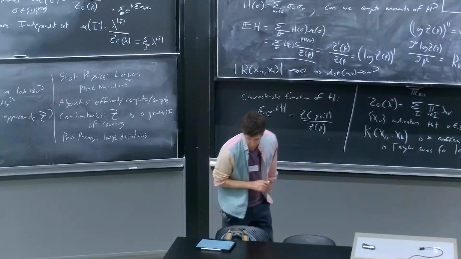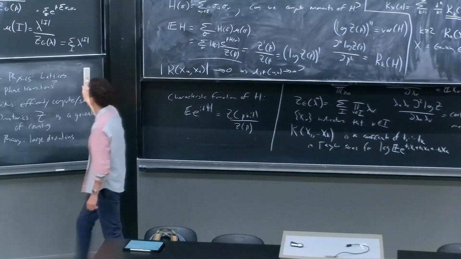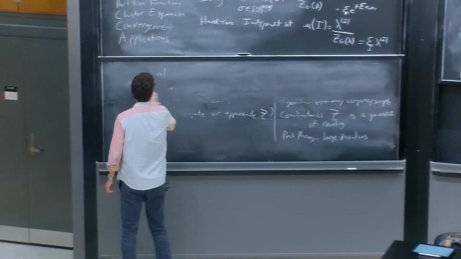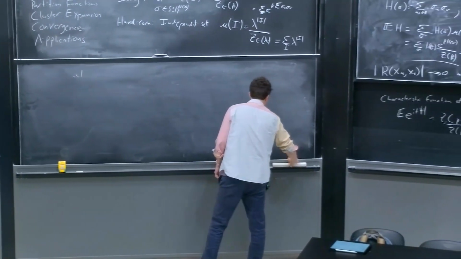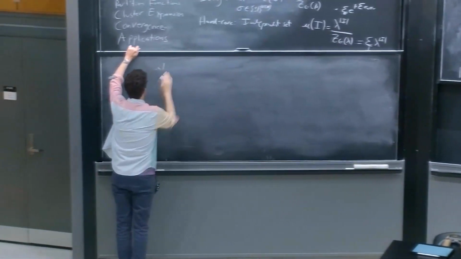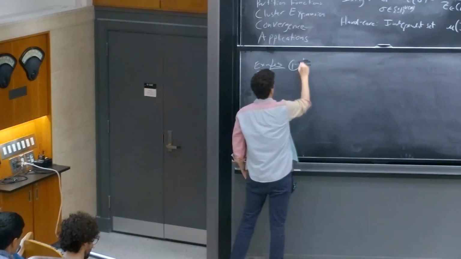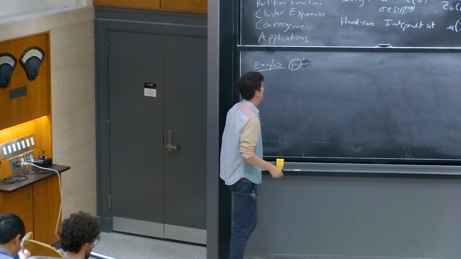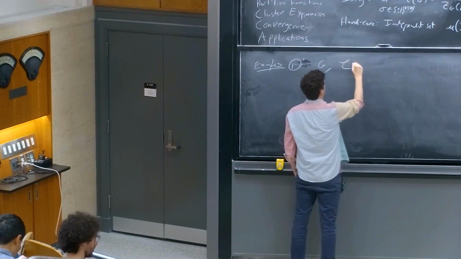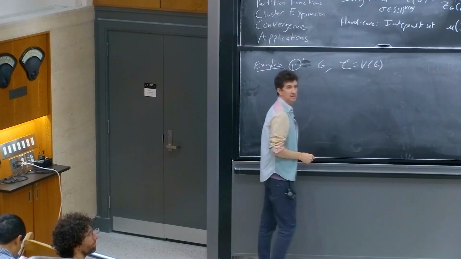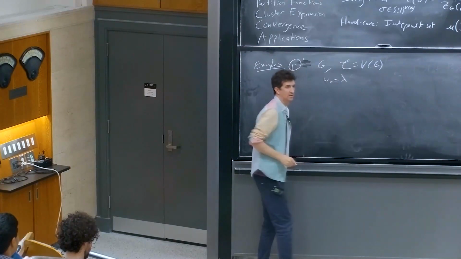Let me give you a couple examples of polymer models. Okay, so example number one, and this is somehow the template, is if you have some graph and your set of polymers is just your set of vertices, and the weight of a polymer is just lambda.